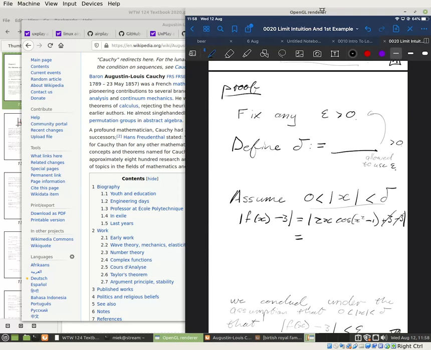Okay, the 3's cancel out. We are left with absolute value of 2x cosine of x squared minus 1. If you know your absolute value, you will be able to see that this is the same as this.